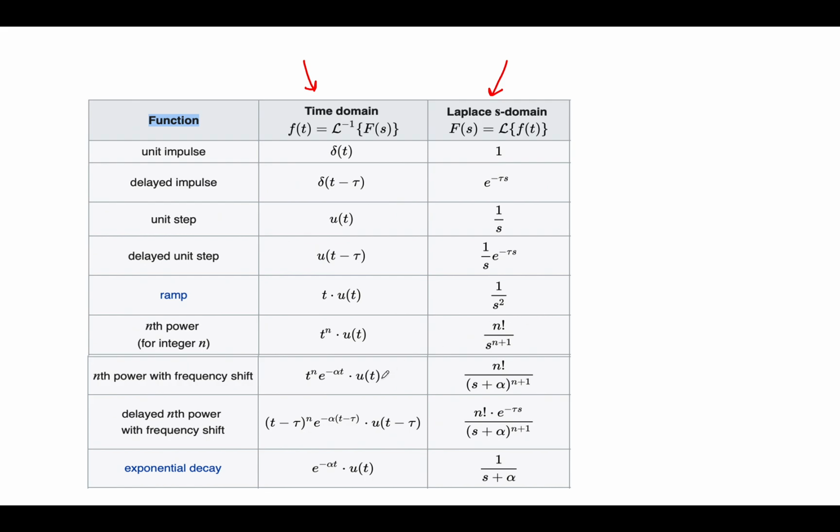I want you to notice something really quickly. If you look at this one right here, where we have the delayed nth power, and this could be anything, notice that our time variable is not t, it's t minus tau. And in order to apply this formula shown in this table, everywhere you have a time variable, it has to be t minus tau.